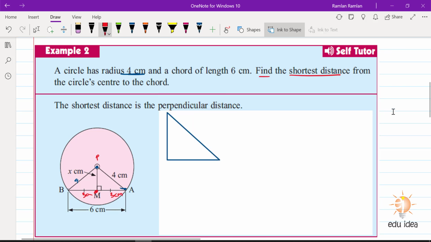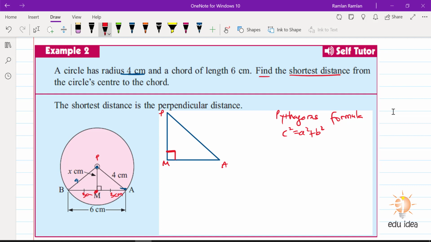Now this is point P, this is point M, and this is point A. As we know that this is a 90-degree angle, this is a right-angle triangle. In a right-angle triangle, we can use the Pythagoras formula, which is c squared equals a squared plus b squared.